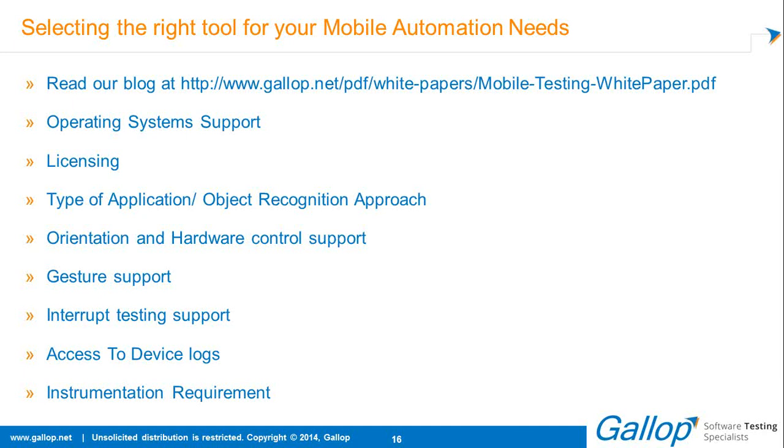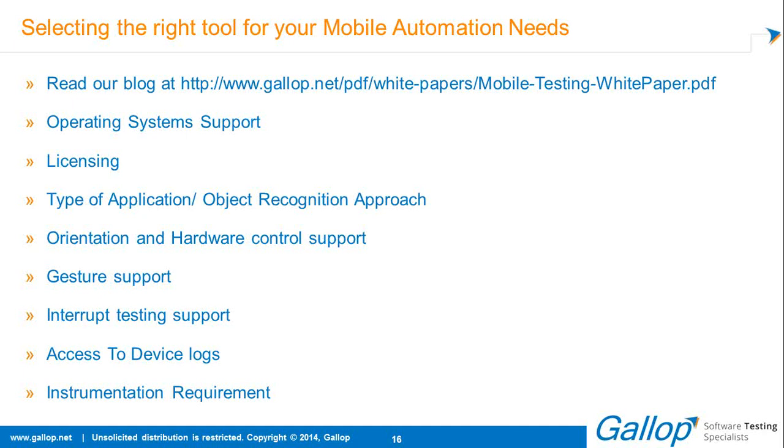The open source automation tools do not support that extensively. So that might be something of consideration for you people. And then you also have the gesture support. Some open source tools do not support it.